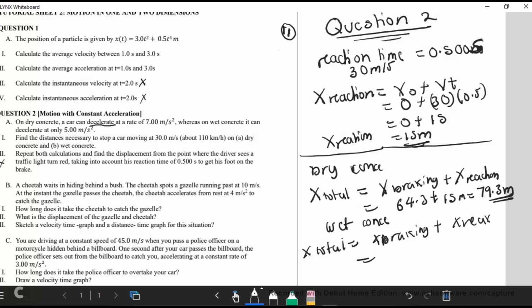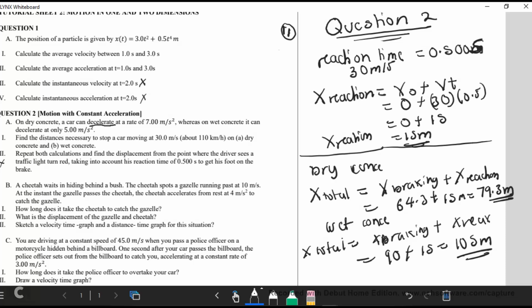On the wet road we had 90, plus for the reaction, which is 15, then here it's supposed to be 105 meters. So this is how you calculate question A2. That's how you calculate that question.